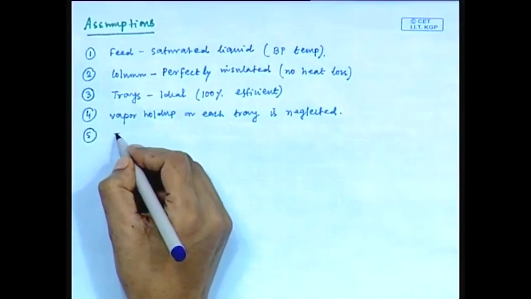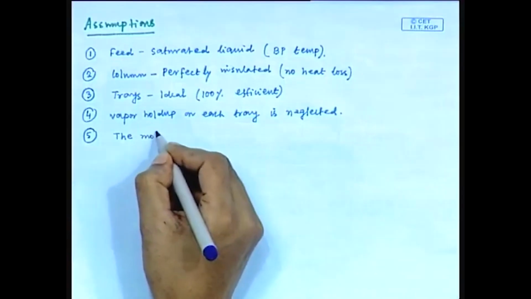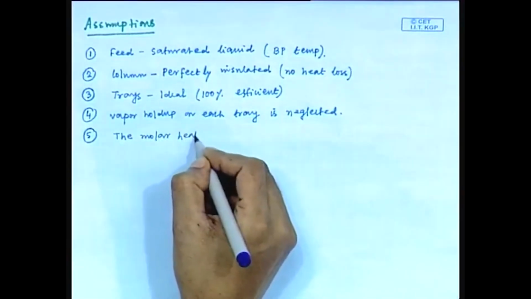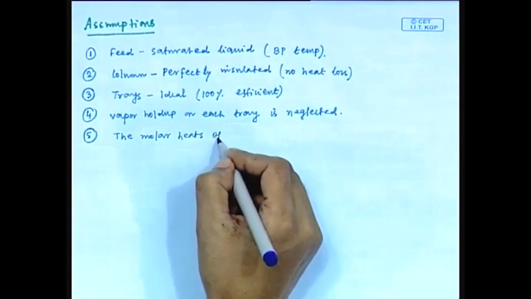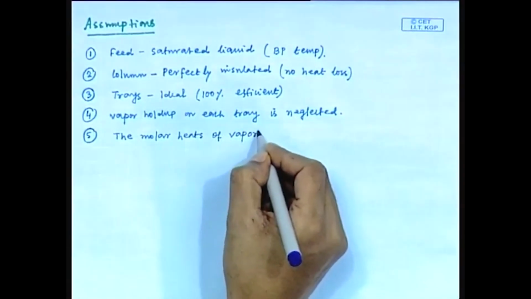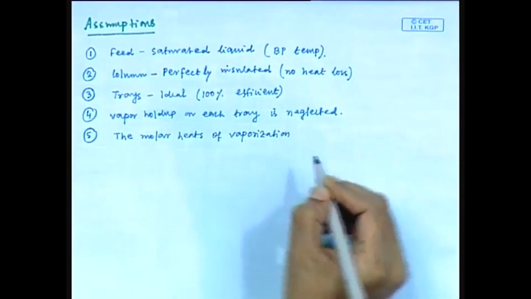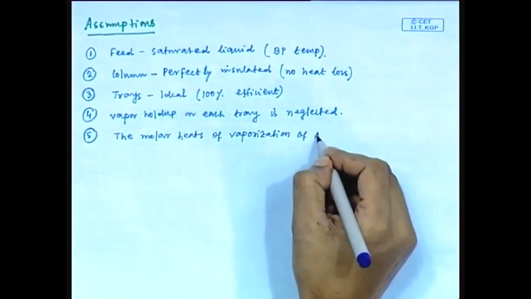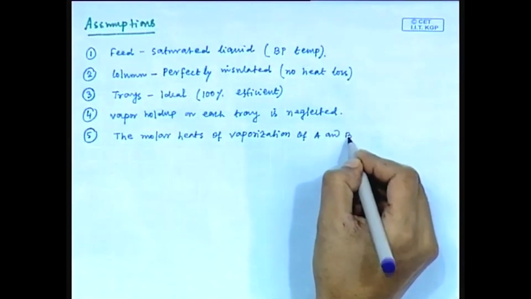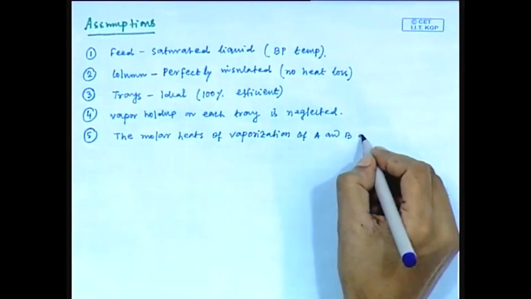For the high pressure column, this assumption is not taken into account. I mean, the vapor hold up is considered on each tray. Fifth assumption is the molar heats of vaporization of both components A and B are approximately equal.